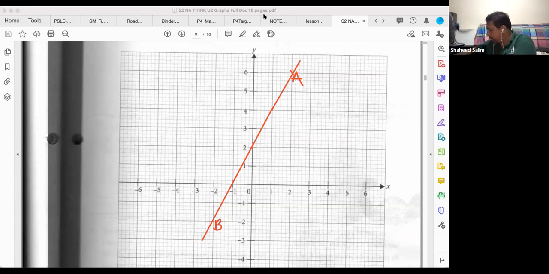Just a moment. I'm going to fix my setup. Give the coordinates of A and B, please. Okay, just a moment.